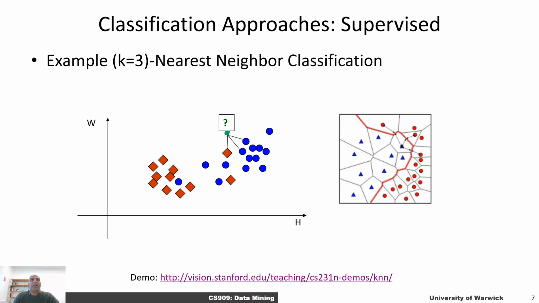In this case its nearest neighbor is a red class example, so this is probably also going to belong to the red class. That is called the one nearest neighbor classifier, or simply the nearest neighbor classifier. It assigns labels based on the closest example of a given example at test time. So we use that information to assign labels.